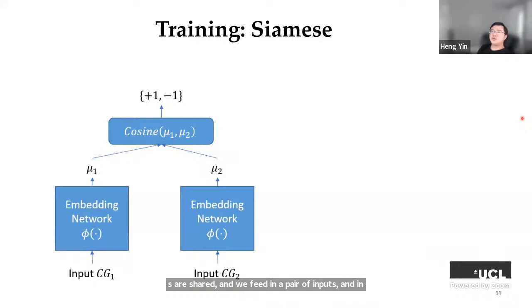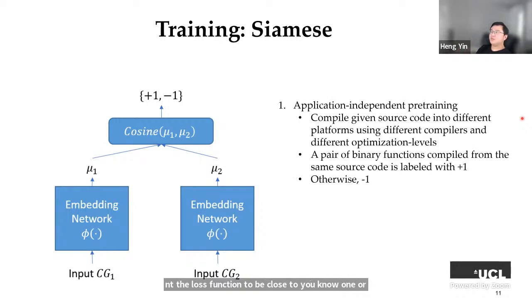The goal is that we compute the cosine similarity, and based on whether the input pair we provide is positive or negative, we want the output to be close to 1 or -1. So that's the way we learn such input representation.